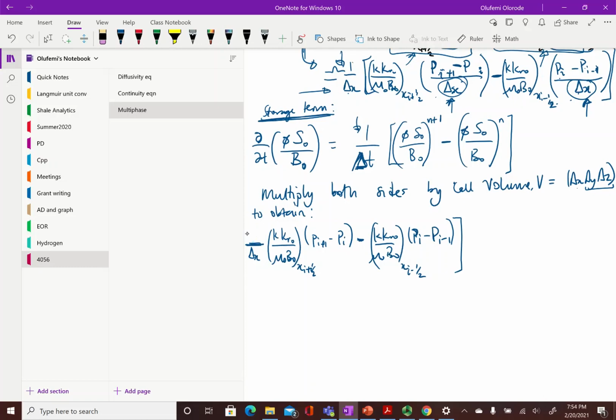You can actually just write area here. When you are flowing in the x direction, what's the area? This is the x direction. What's the area? It's going to be delta y, all right, times delta z. So it just works out by just multiplying by delta x, delta y, delta z.